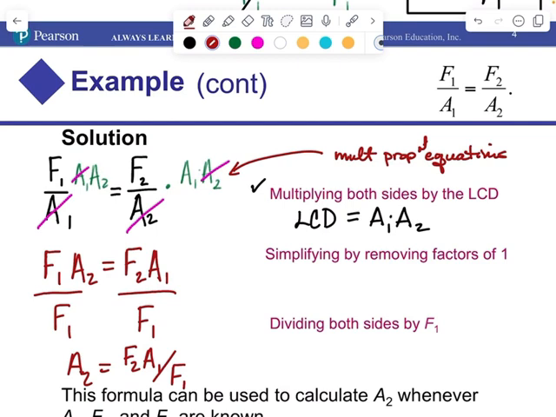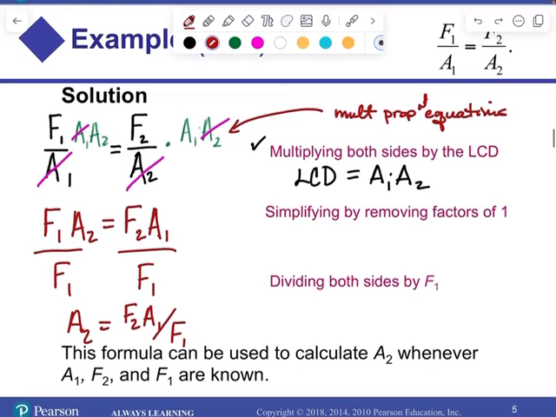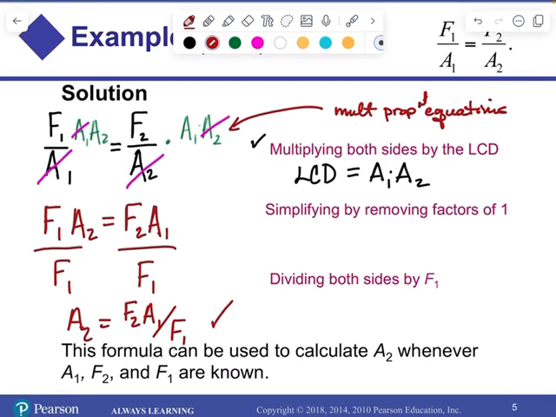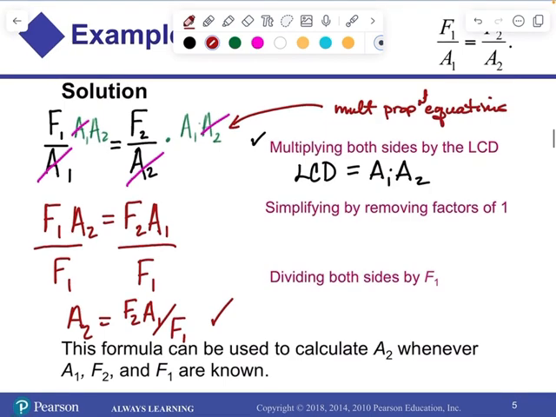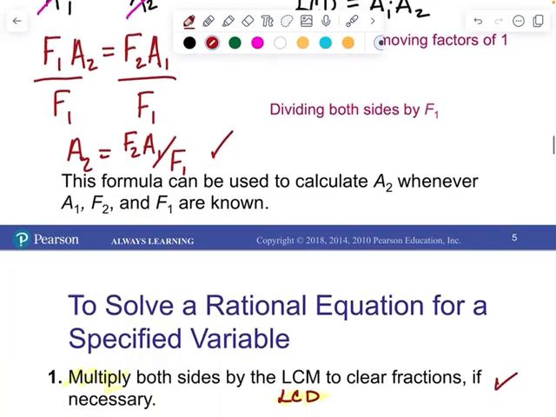So we multiply by the LCD, A1, A2, and then we clear those fractions. Then you get what you see here in the numerator, and then you divide by F1, and you are able to solve for A2. And it's the same thing we got on the previous page. But you should understand that tricks like cross-multiplying are done with reasoning in the background, and it is just a trick for that specific case.